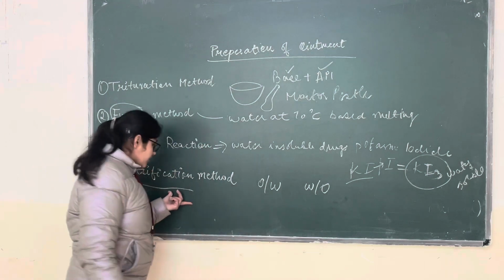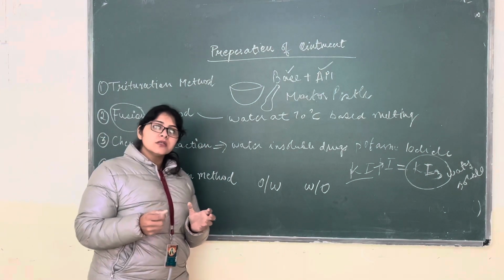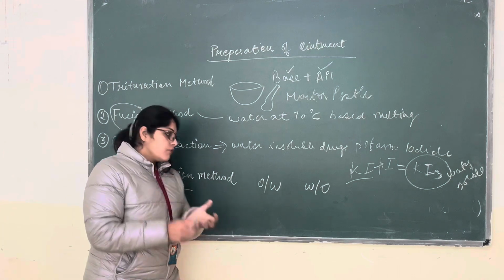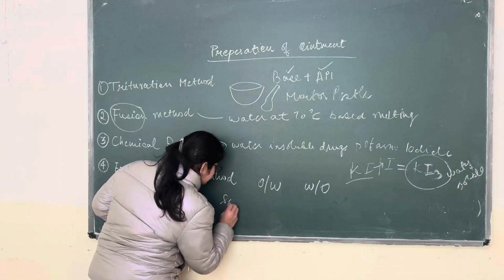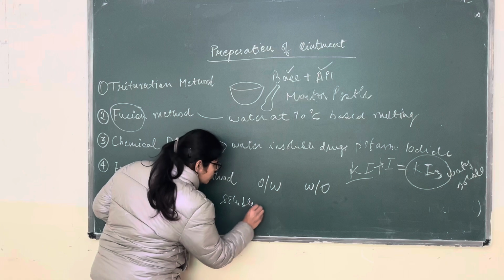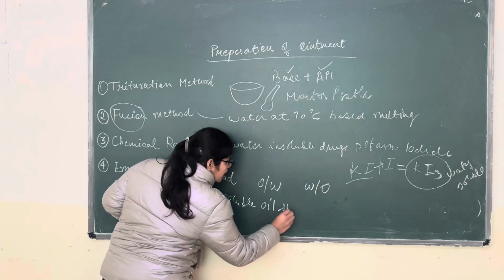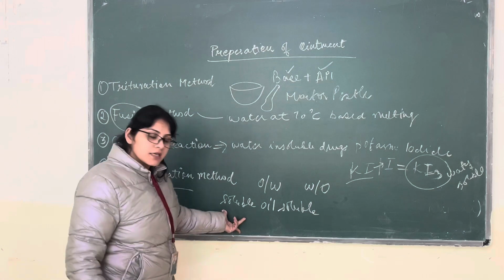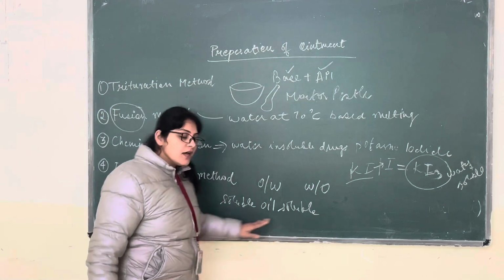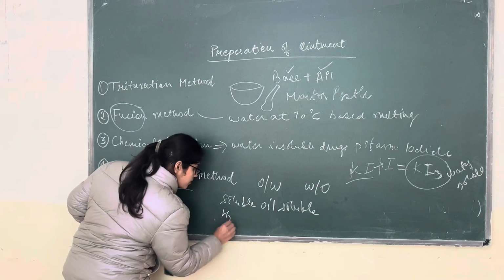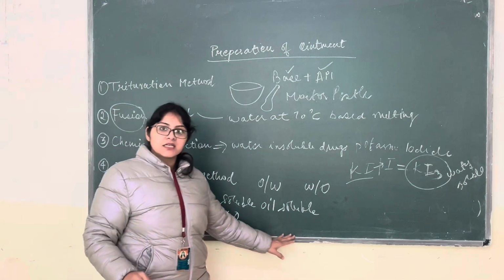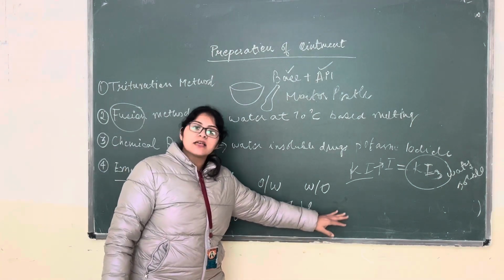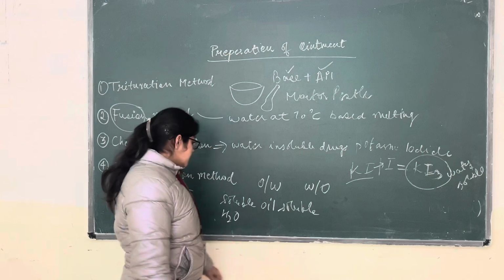In the emulsification method, we solubilize the oil soluble drugs in oil, and the water soluble drugs we melt separately and mix on a water bath at 70 degrees Celsius.